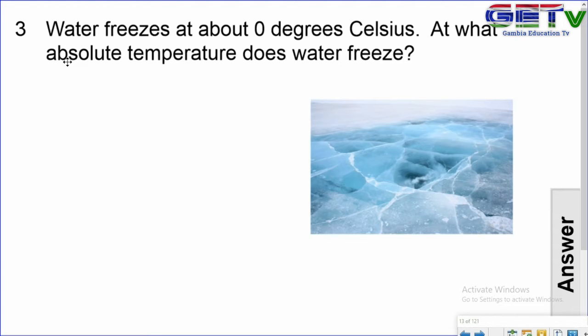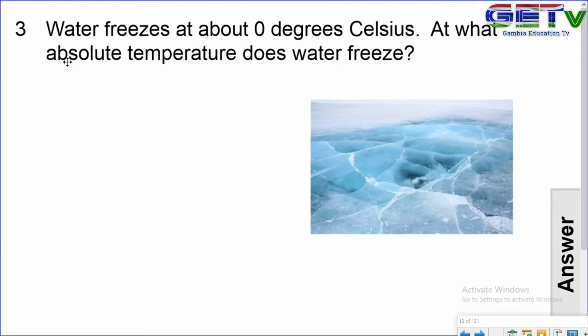Water freezes at about 0 degrees Celsius. At what absolute temperature does water freeze? Here we need to convert degrees Celsius into Kelvin, and our temperature in degrees Celsius is 0. We need to add 273 in order to convert it into Kelvin.